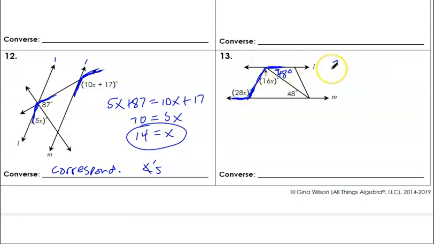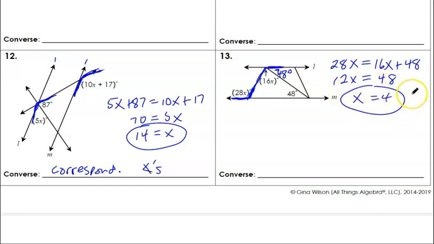The 28x can equal these two added together. So this angle is alternate interior with this one, 16x plus 48. And then you subtract 16x from both sides, 12x is 48. And so x is going to be 4, that's our solution for x.